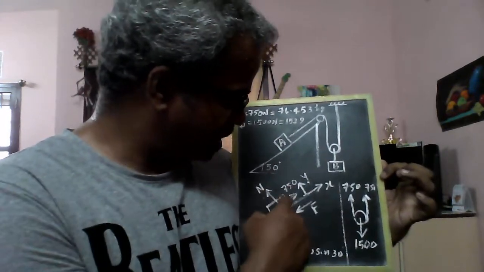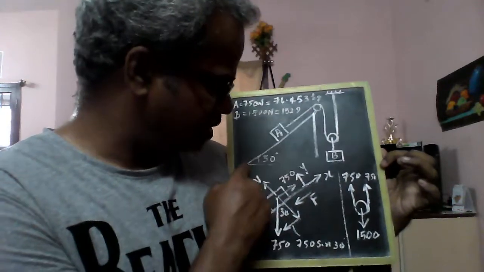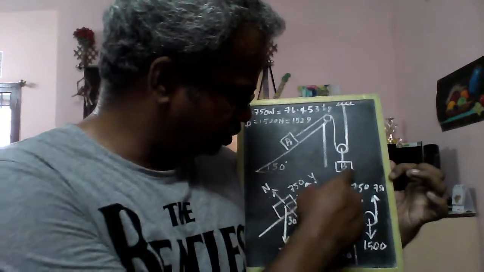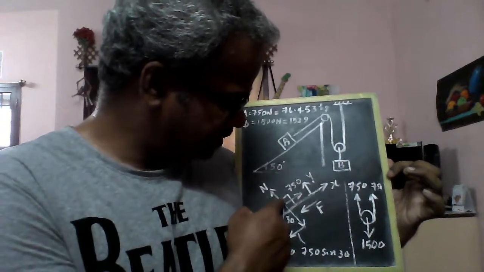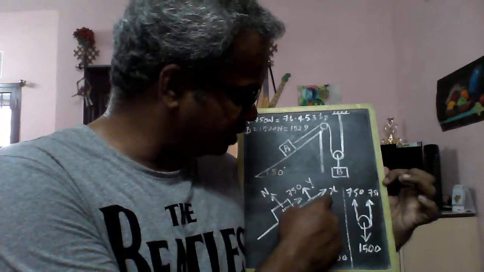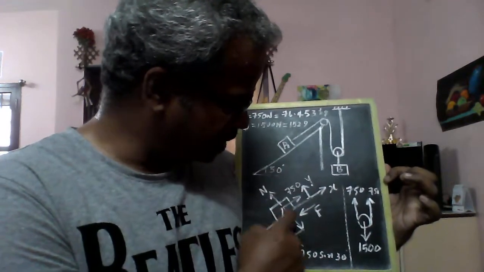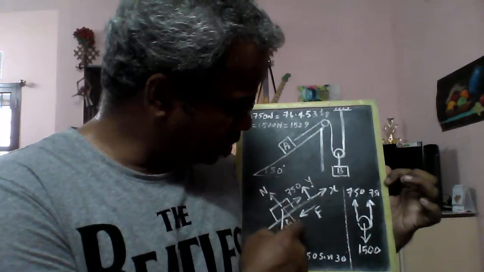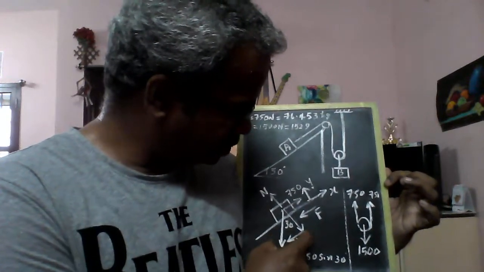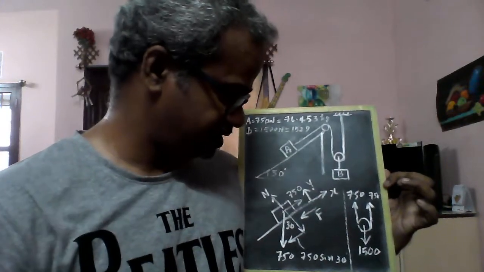So body A will have a 750 tension, and the normal force N acting upward perpendicular to the contact surface, and the weight is acting downward. That weight is inclined, it is not parallel to X or to Y, it is inclined 30 degree. So I have to decompose that. One component will be the cos component, the other, opposite component, will be the sine component, 750 sine 30.